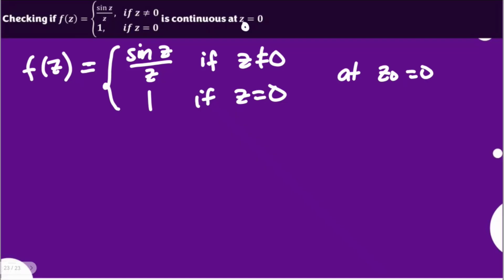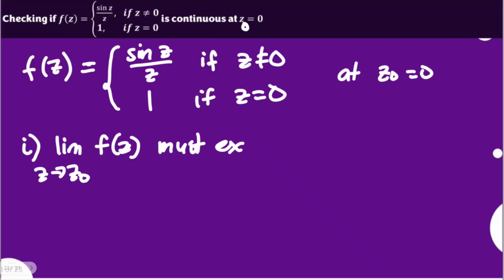So let's start with the first condition. We need to show that the limit of f of z as z approaches z sub 0 exists. Here, our z sub 0 is 0. So which of the two definitions of our piecewise function will be used?